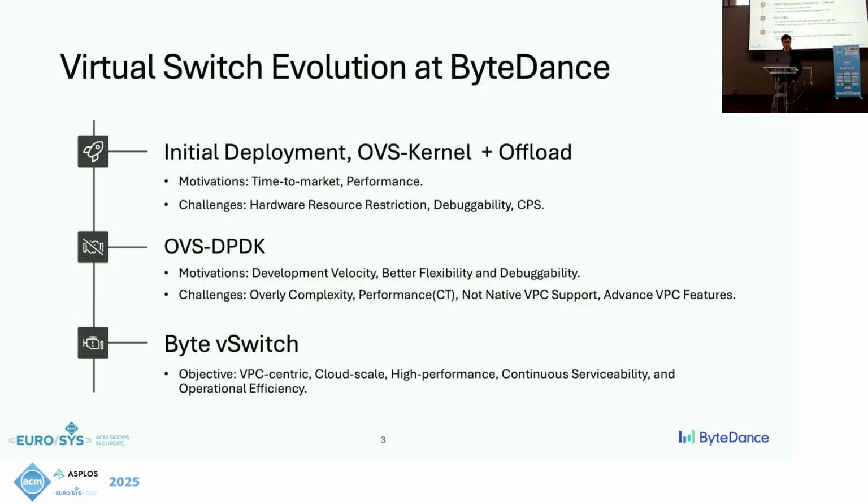OVS-DPDK is a general purpose virtual switch. It probably provides literally maybe 100 virtual switch functions, but in cloud networking we are probably using less than 10, so the majority of the functions are not being used.